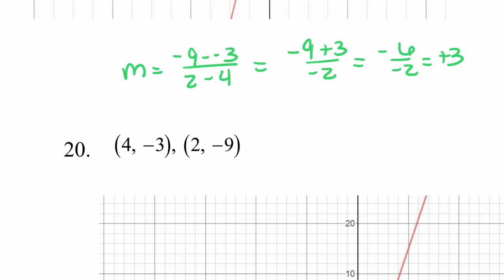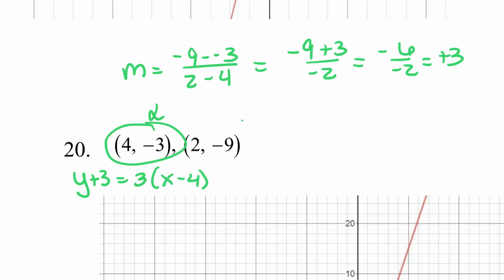And then I'm going to choose this point. You could have chosen this point, but I'm going to use this first point to write it in point-slope form. So I have y plus 3 is equal to 3 times (x minus 4). Now I need to distribute this 3 to convert it. I get y plus 3 is equal to 3x minus 12.